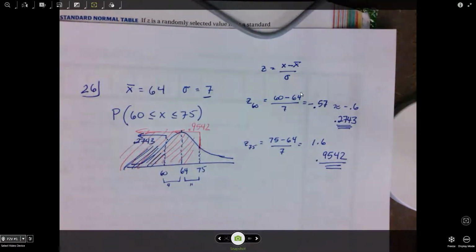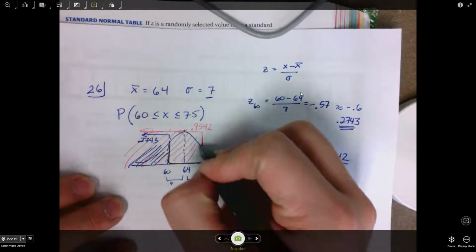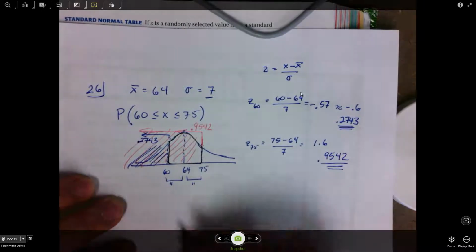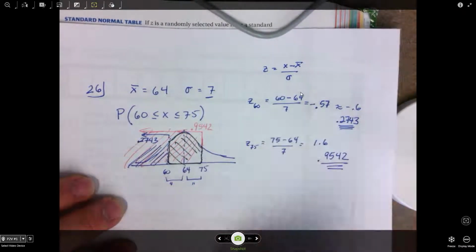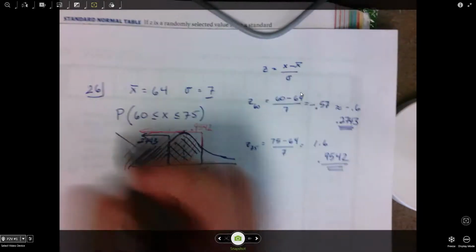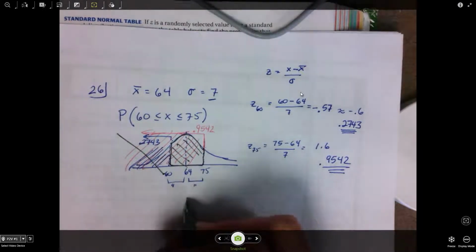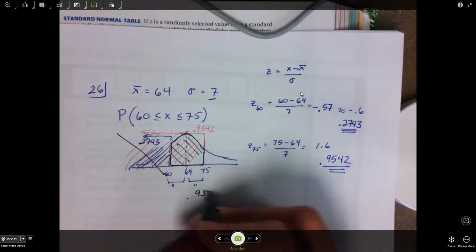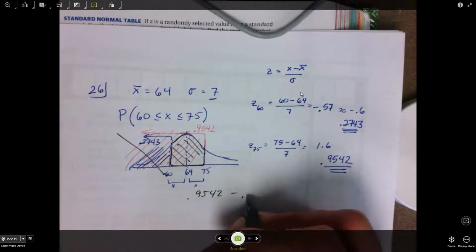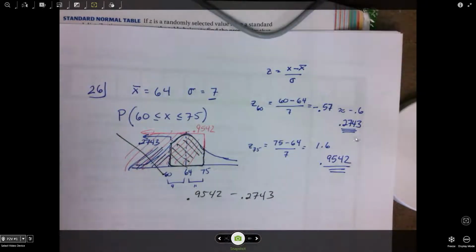So now if I really want to know what is the probability of being in this region right here, what I need to do is take my red value and subtract that smaller blue value. Essentially, I need to cut that piece off of my distribution table. So I'm going to take 0.9542 and I'm going to subtract 0.2743. Now remember, these are decimal versions of percentages.